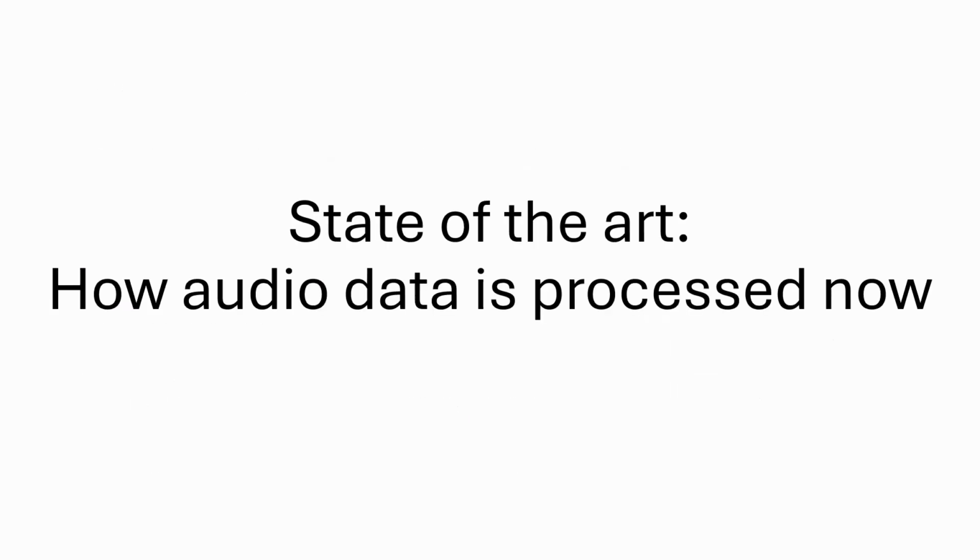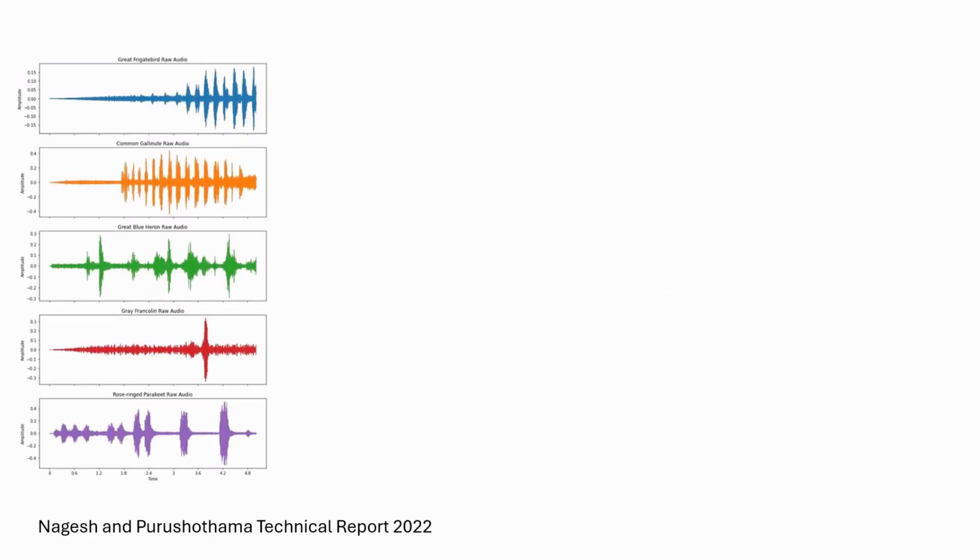So first, we can go over the state of the art, how audio data is processed currently. We see here audio files from 5 different species with 5 different characteristic bird calls, and we've mapped out the amplitude of these bird calls over time.